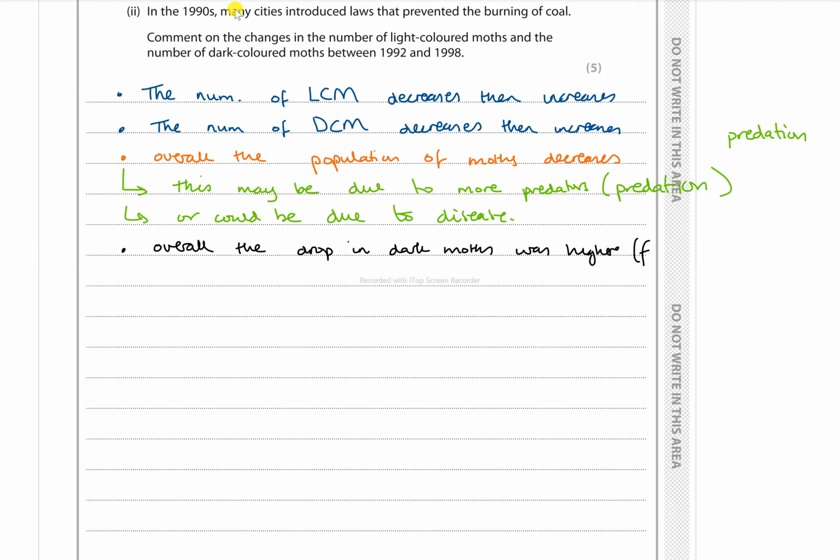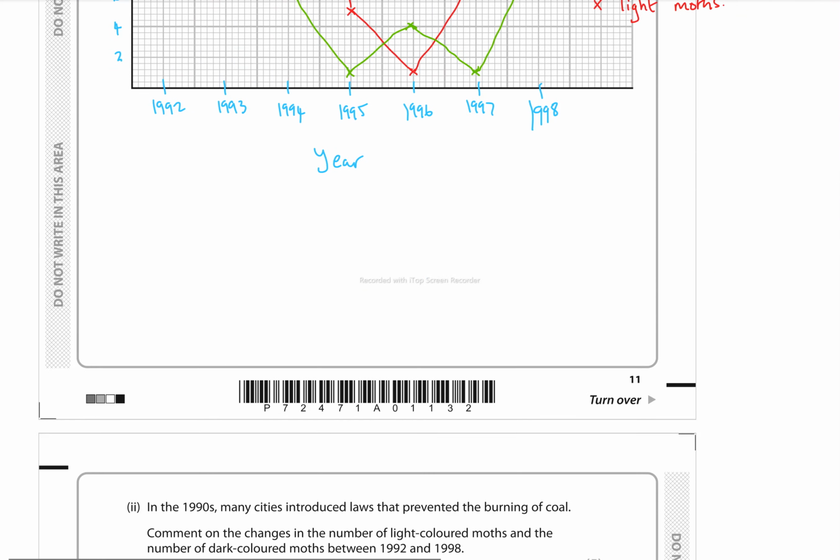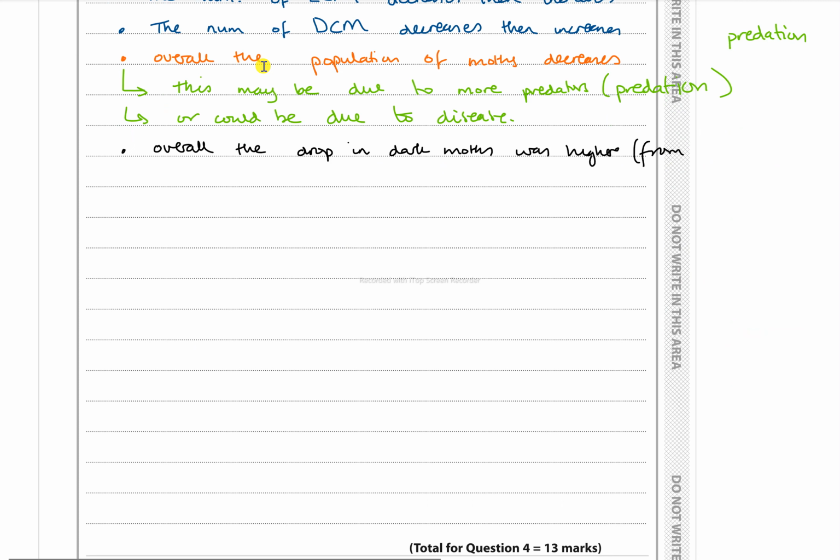So from 27 to 9, whilst the light colored moths increased.